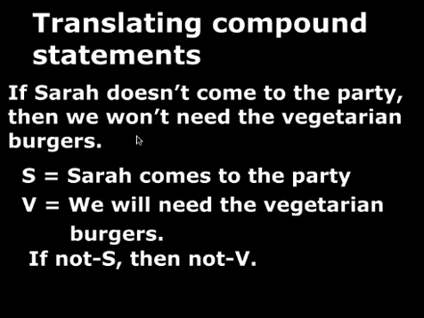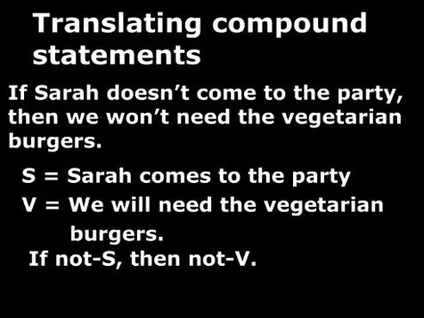I left the period and the comma. I had to do something with the negations that were in the middle here, and I put those as not S and not V. But this is basically what you get when you plug S and V in for the sentences they represent.